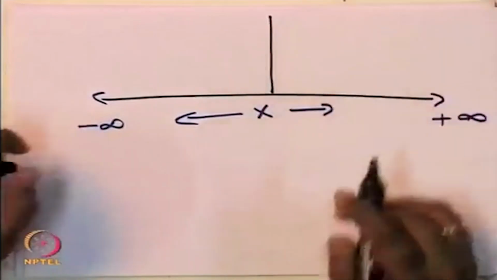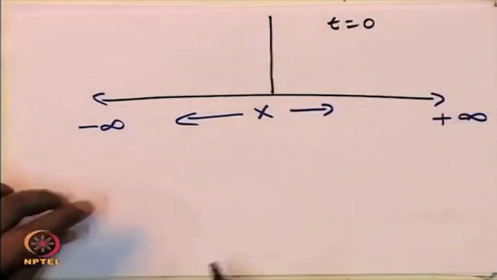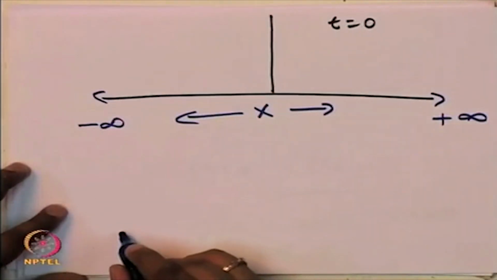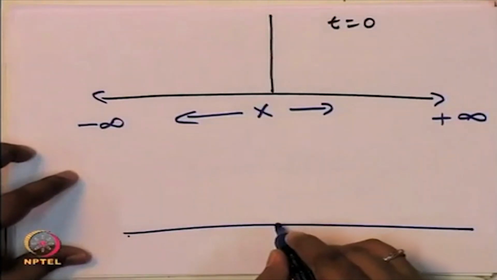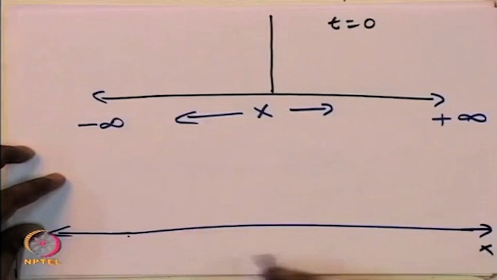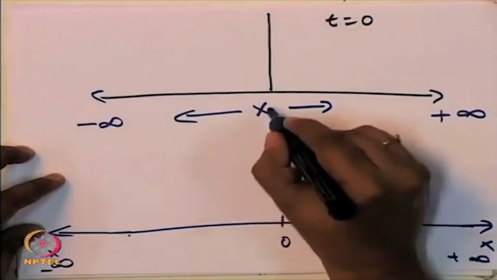So, this was t equal to 0. Now, as the time went, if you take this x axis, this is minus infinity, this is plus infinity, and this is 0.